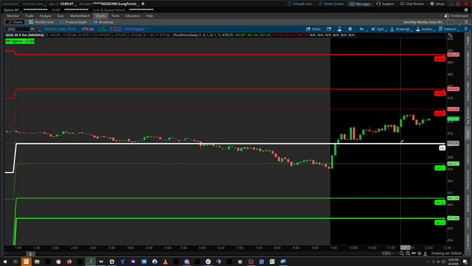And that is called the pivot point. Then they had other formulas for where the first resistance is, the second resistance, third resistance, and then the supports.